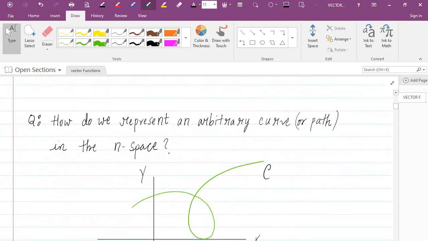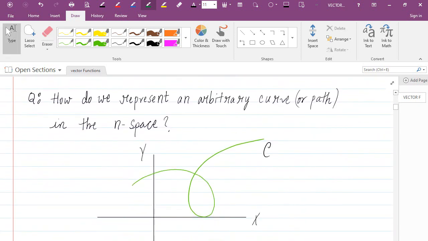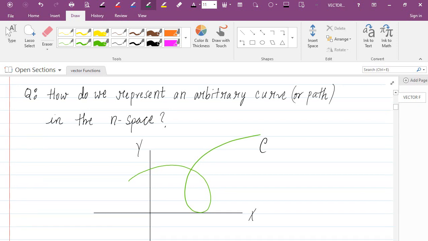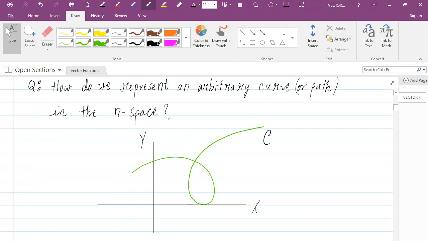So more generally, how do we represent an arbitrary curve or a path in n-space? For simplicity, I'm just going to draw curves in 2-space, and my discussion here equally applies to any other curves in any other dimensions.